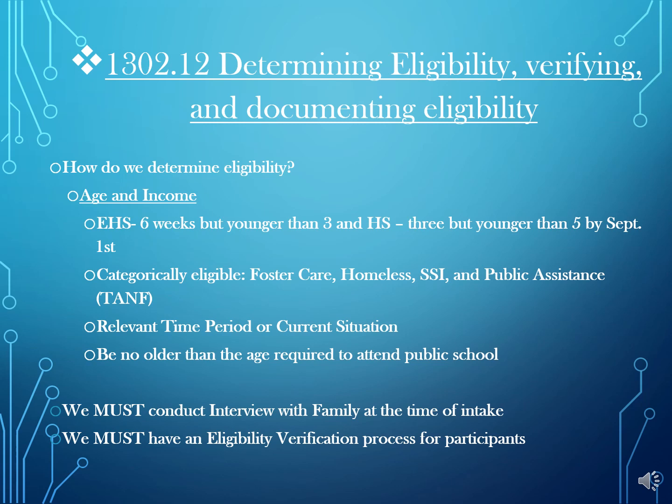So then we have what are called categorically eligible children. These are children who are experiencing foster care, homelessness, receive SSI, disability, and public assistance, which is TANF. When it comes to being categorically eligible for foster care and homelessness, we do not need any income from the parent or guardian.